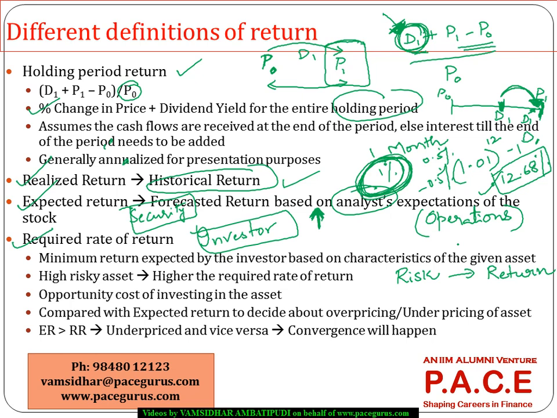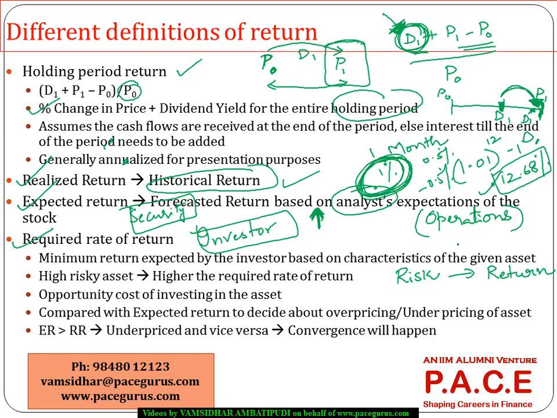But when I am looking at the required rate of return, I am looking at it from an investment dimension, primarily associating it with the risk of the particular security. What is corresponding to the risk which this company has? What is the minimum return that can be expected if I have to invest in this particular security?